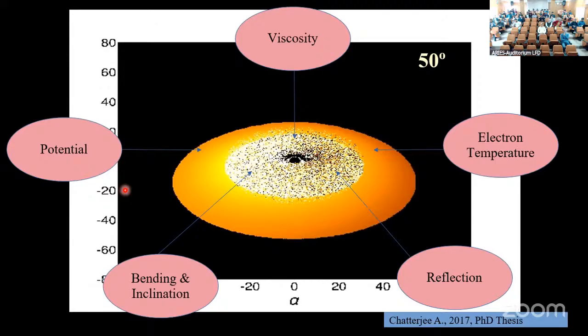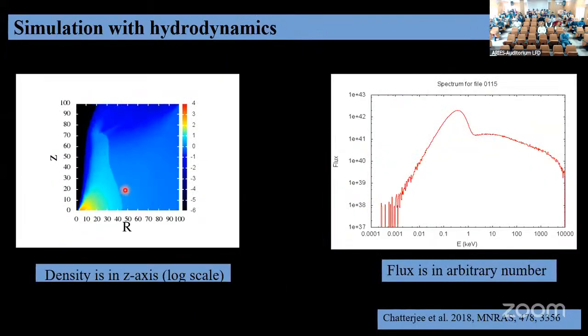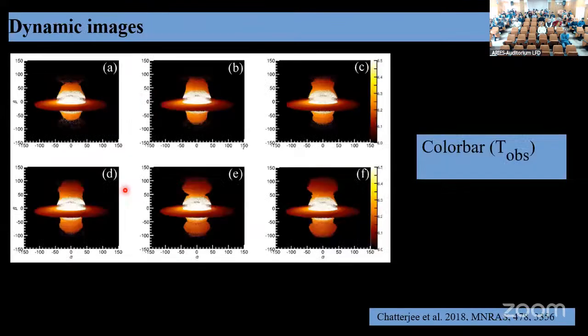So in any case, you can play around with various parameters and make catalogs, and you can play around with hydrodynamics and with outflows, and you can create synthetic spectra and synthetic images where you have outflows, and then you can see the evolution of outflows.